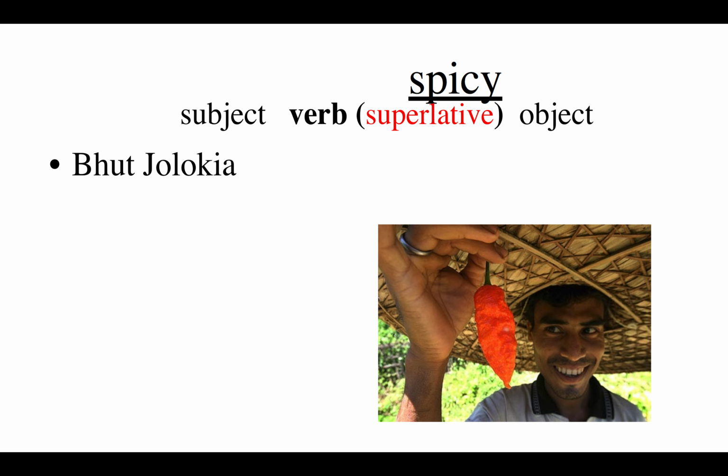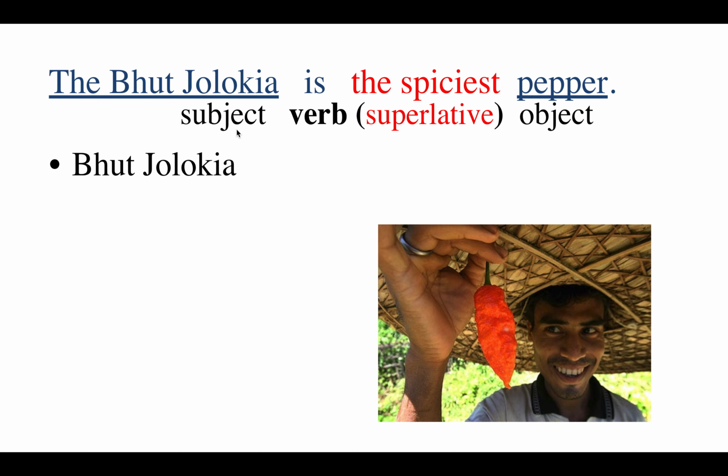And of course, in the same way, we need a subject, verb, the superlative, and the object. So here we go. The bucholokia is the spiciest pepper. The bucholokia is my subject, is the be verb, the spiciest is the superlative, and my object, pepper.